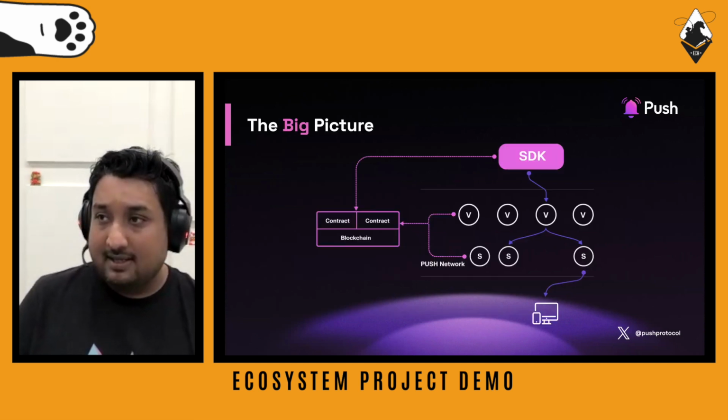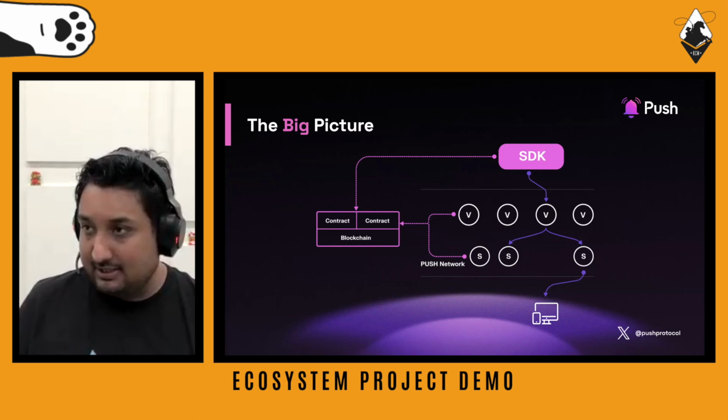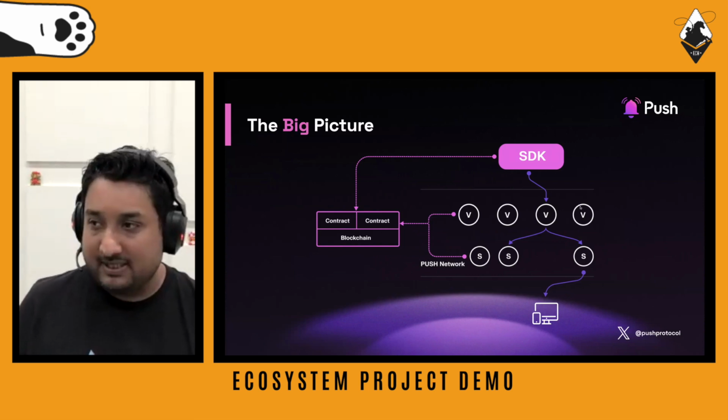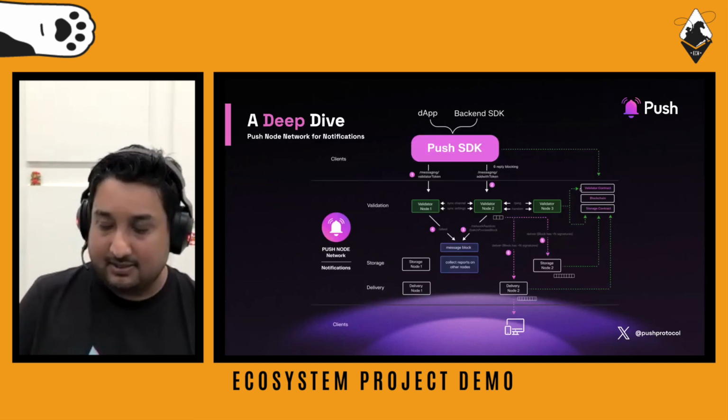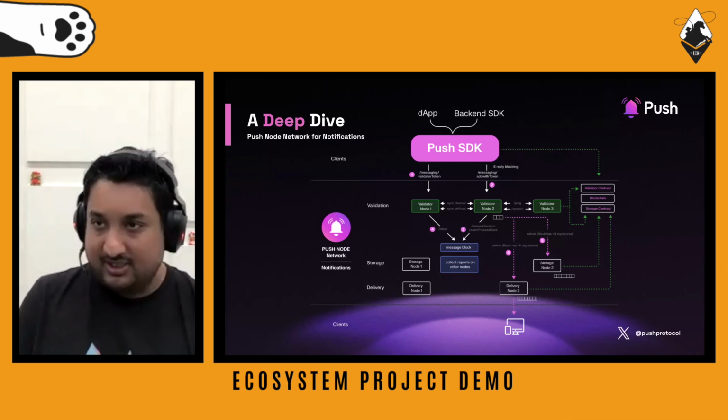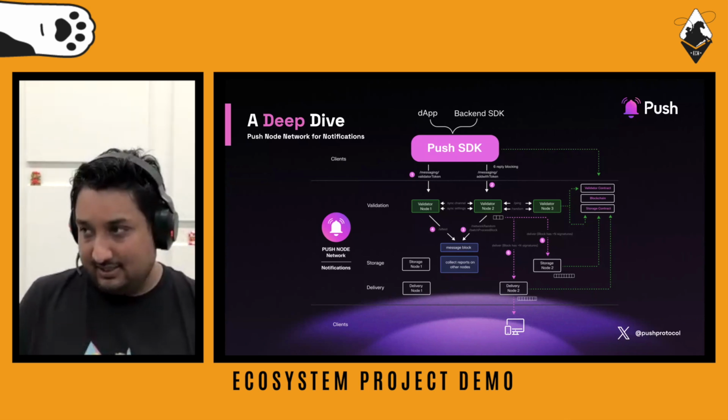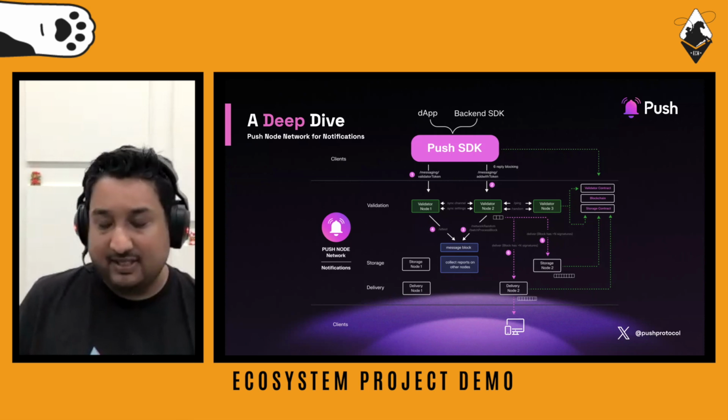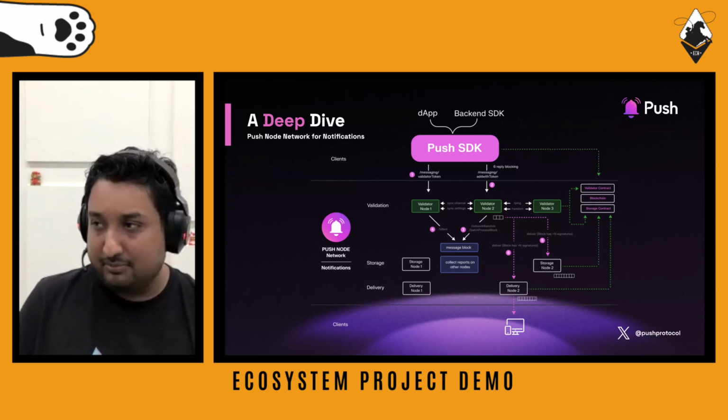I can definitely go into the big picture and what happens, but just to summarize it and keep it very short, the way this works is very similar to how Ethereum validators work. A random validator is chosen.